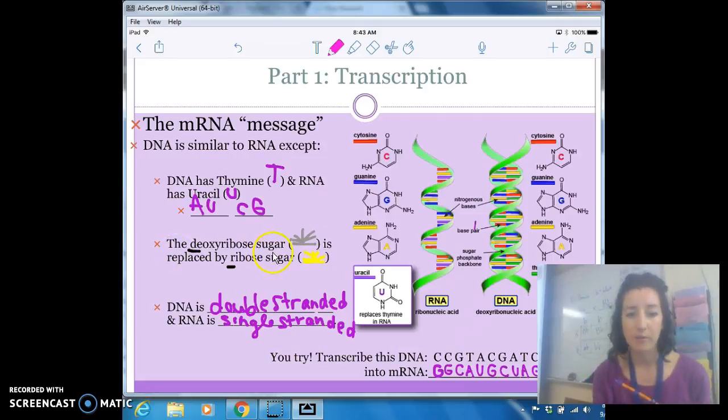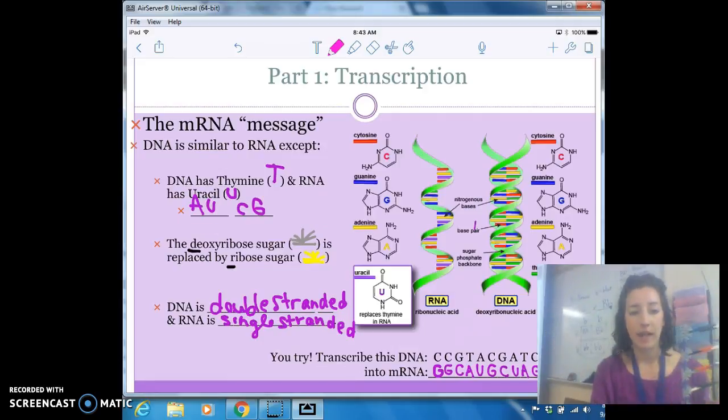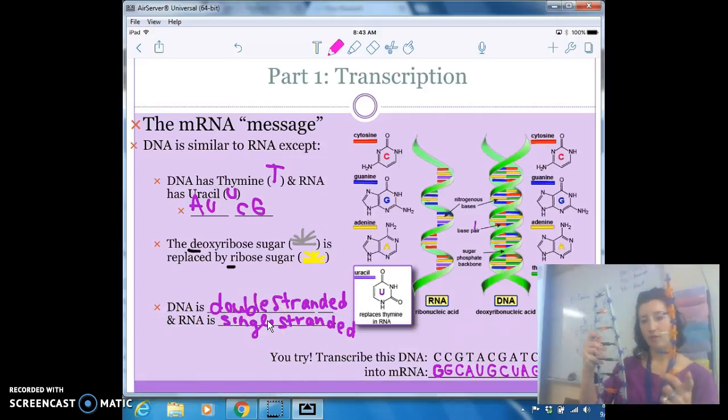The deoxyribose sugar, our gray snowflake looking guy, is replaced by a ribose sugar. That's our yellow or orange guy. And that's where you get the D for DNA and the R for RNA. And number 3, DNA is double-stranded and RNA is single-stranded, so 2 and 1.